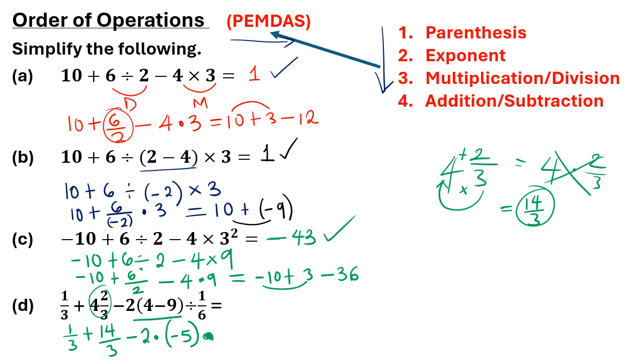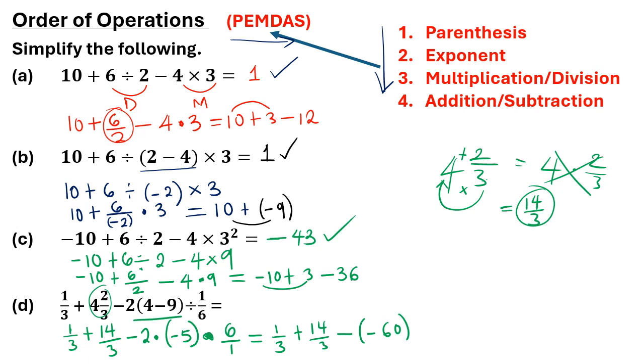So we're going to flip 1/6, and it becomes 6/1. Good. So it's going to come down to 1/3 plus 14/3, and then we multiply all these numbers together. So it's going to be 2 times -5 times 6. All of that will be -60, because 2 times 5 is 10 and 10 times 6 is 60.